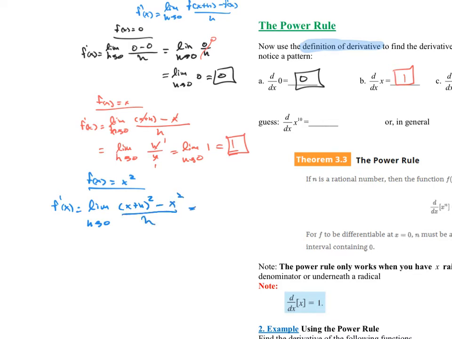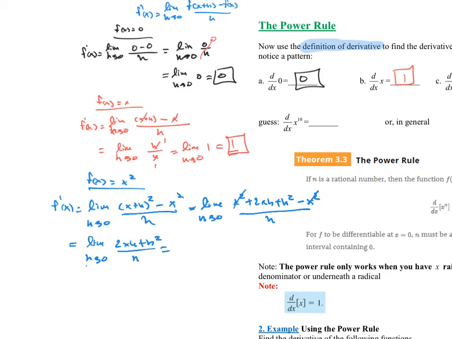Okay, well, we got to do some foiling out here. If you watched the previous section, you saw that. X plus h quantity squared would be x squared plus 2xh plus h squared. I get that from foiling x plus h quantity squared. Then we still have that minus x squared. This is all over h. Notice our x squareds here cancel. So I'm left with the limit as h approaches 0 of 2xh plus h squared all over h.